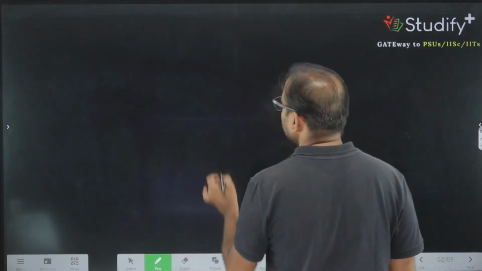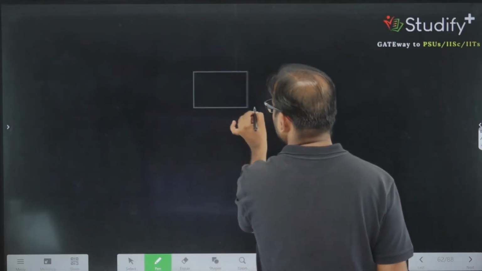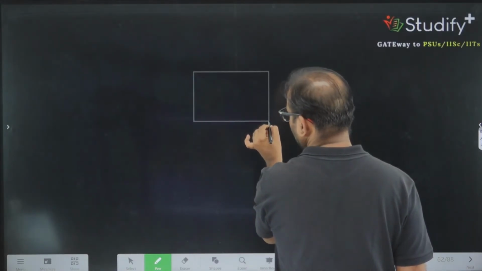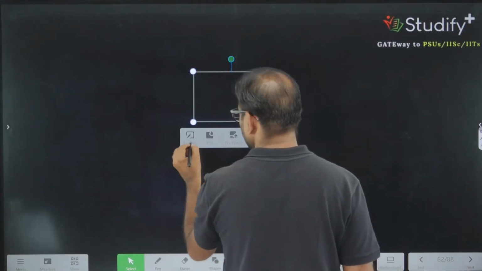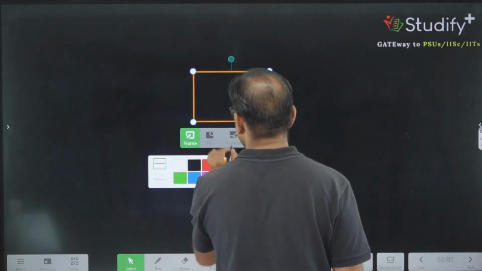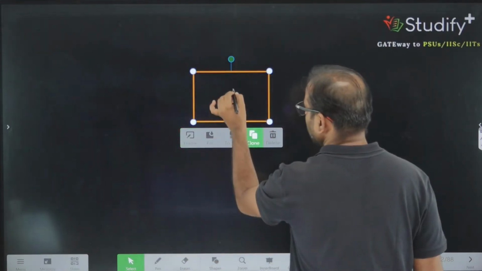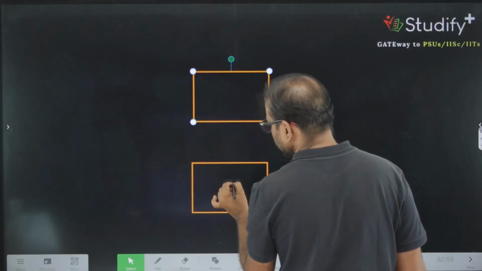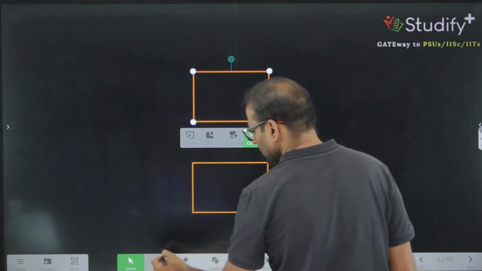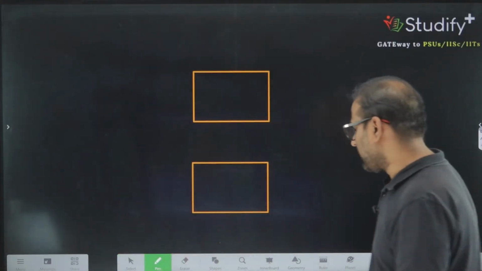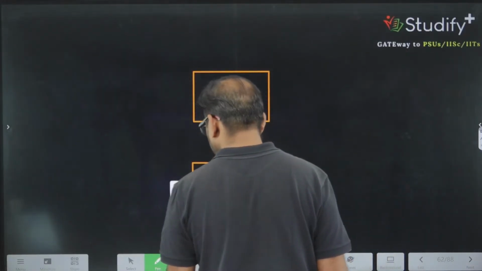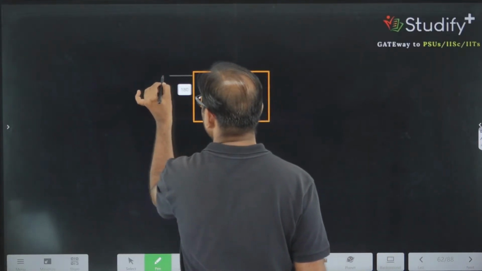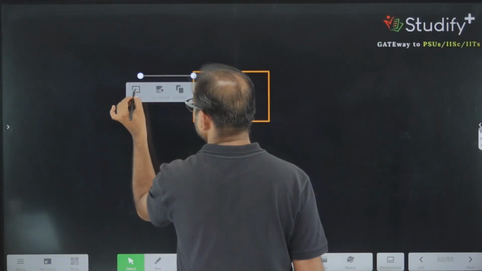Here we are writing first h parameter model, here we are having second h parameter model. Correct? We are having two port networks, and let me define here two ports.